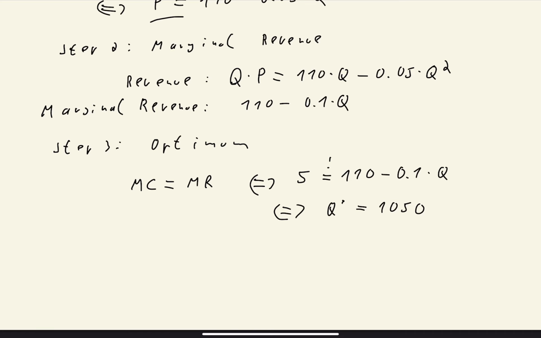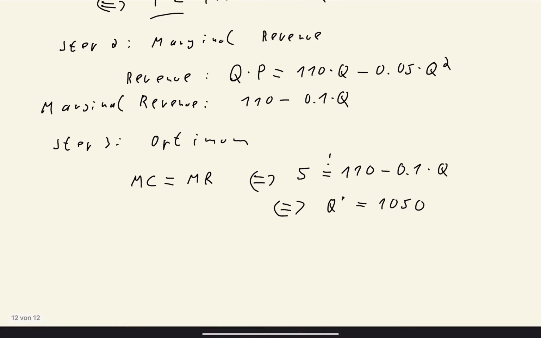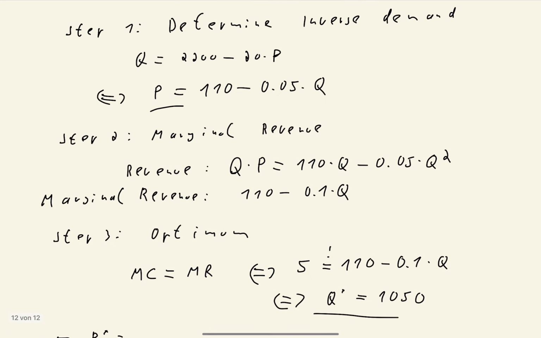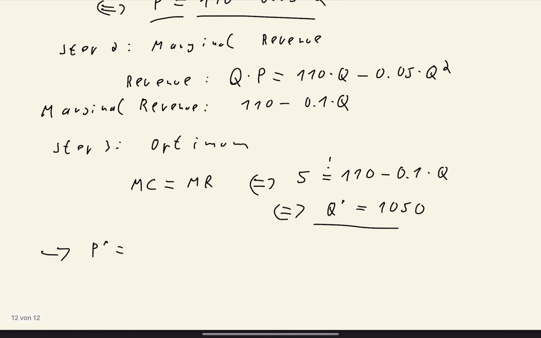And if you plug this into the final profit, or before we come to the profit, we need to determine the price. Sorry, this is something that we need as well. So the price, P star, is simply given when you plug the quantity into the inverse demand function, and what you get then is $57.50.